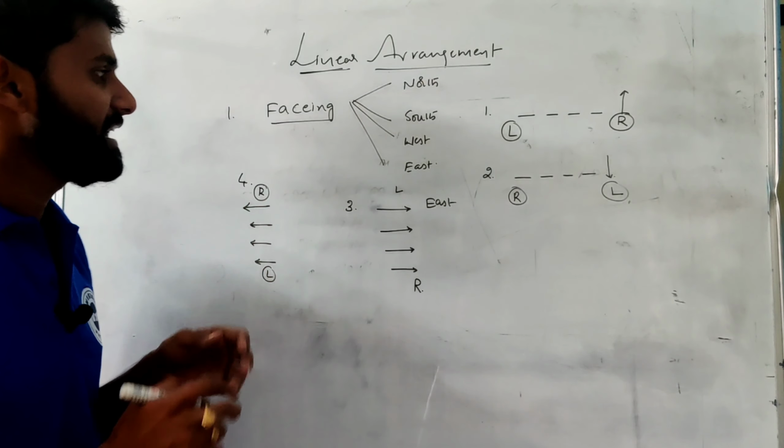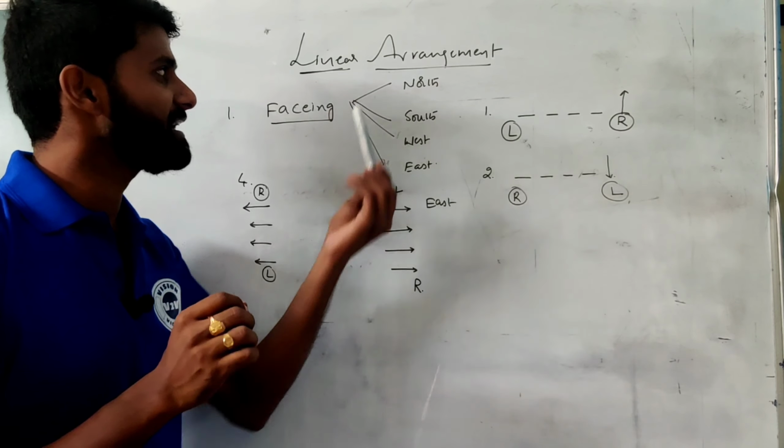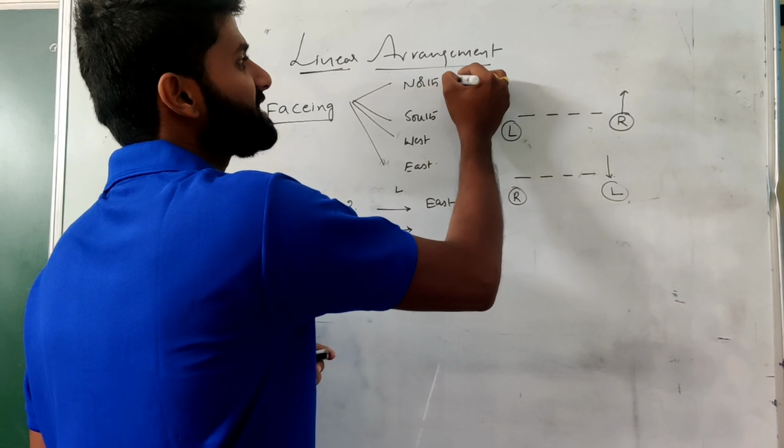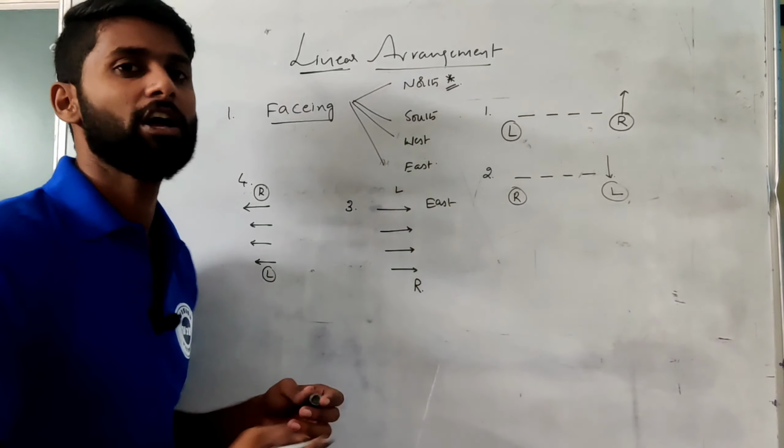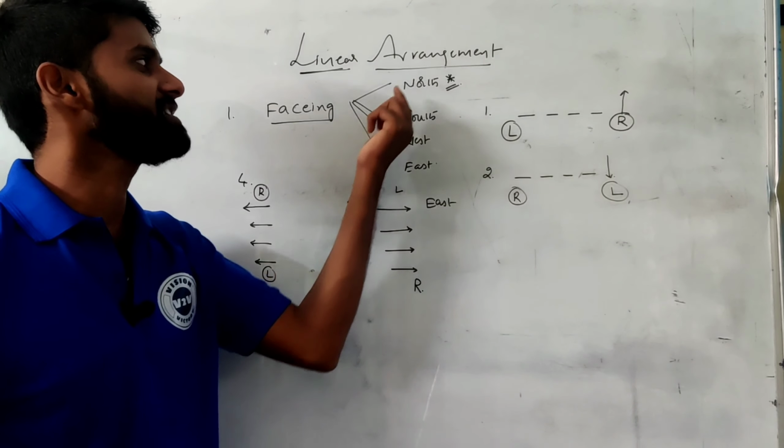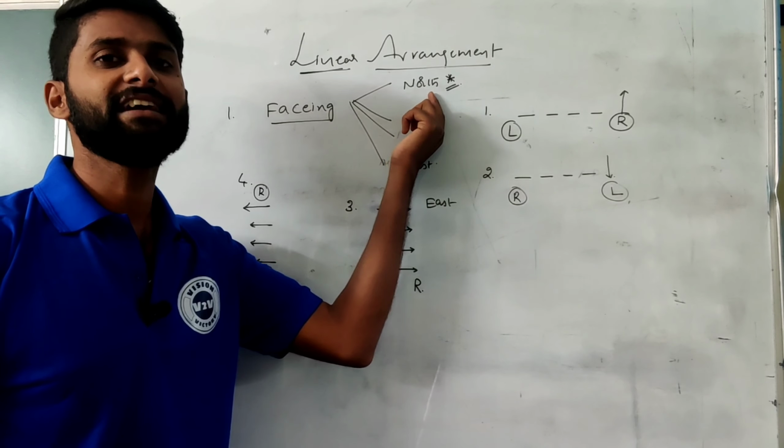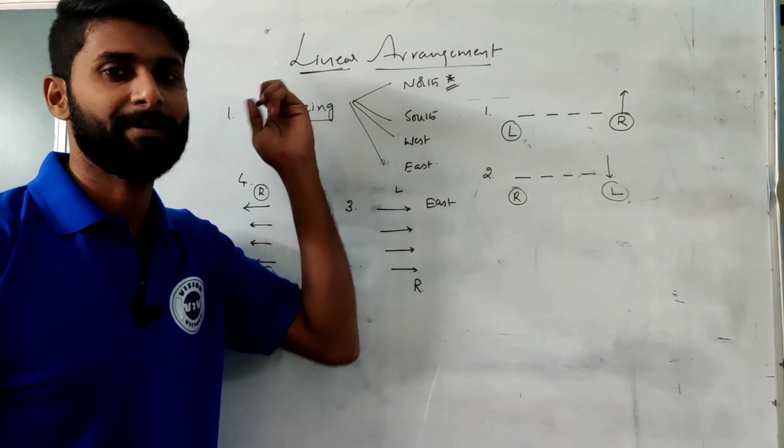Clear? And if there is no particular term related to direction, always consider the persons are facing north. If it is not given, consider all the people are facing north. This is the important point.